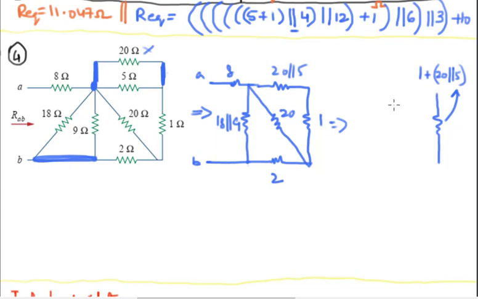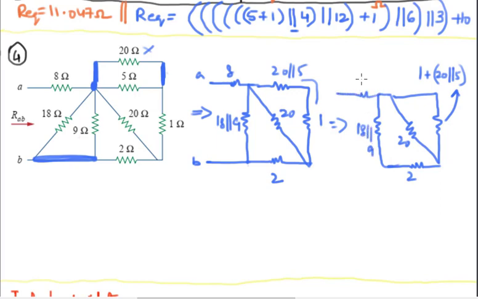Okay, so these two are going to be replaced by one resistance. At the bottom you have 2 ohms. Again in the diagonal you have 20 ohm resistance, and this one is 18 parallel 9. So 18 in parallel with 9, and at the top you have 8 ohms.